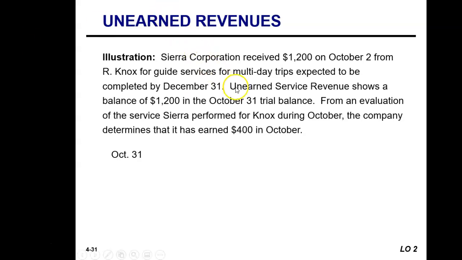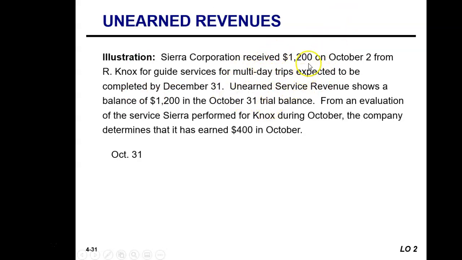Now, unearned service revenue was first credited on October 2nd. We would debit cash, and we would credit on October 2nd, unearned service revenue.